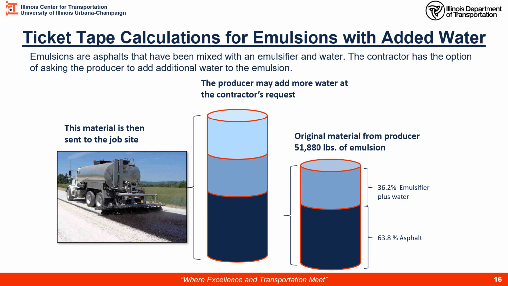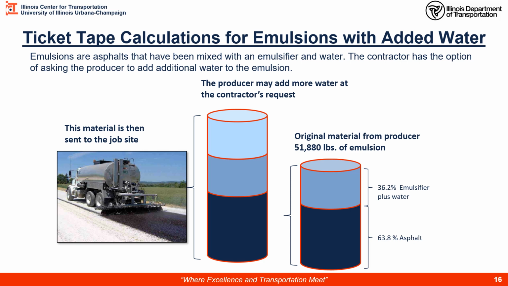Another emulsion you may be familiar with is latex paint. It's a water-based paint, and then suspended in it are the solids. Same concept with emulsions. Now what we're going to do is, since the rate being applied is very low, we want to increase the amount of material so we can slow down the distributor and get a nice uniform coating.